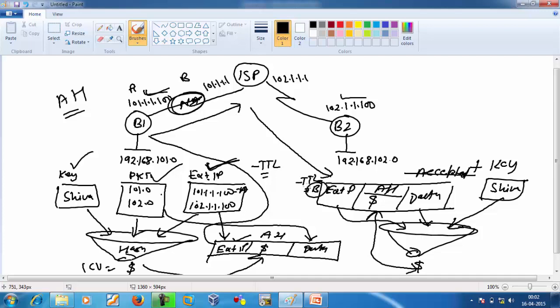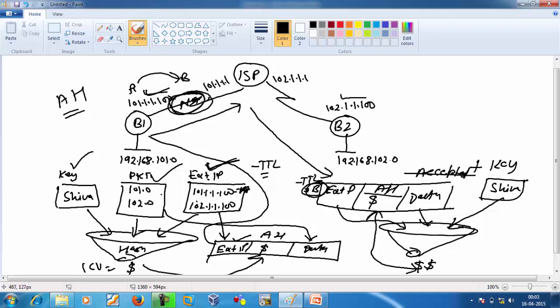We know a NAT device always changes the source. When we create the hash product, the source was A. But now when the packet passes through the NAT device, it will translate A into B. So when they verify, yes, the NAT device has changed the source IP address. Now the source is B, so the hash will never match.